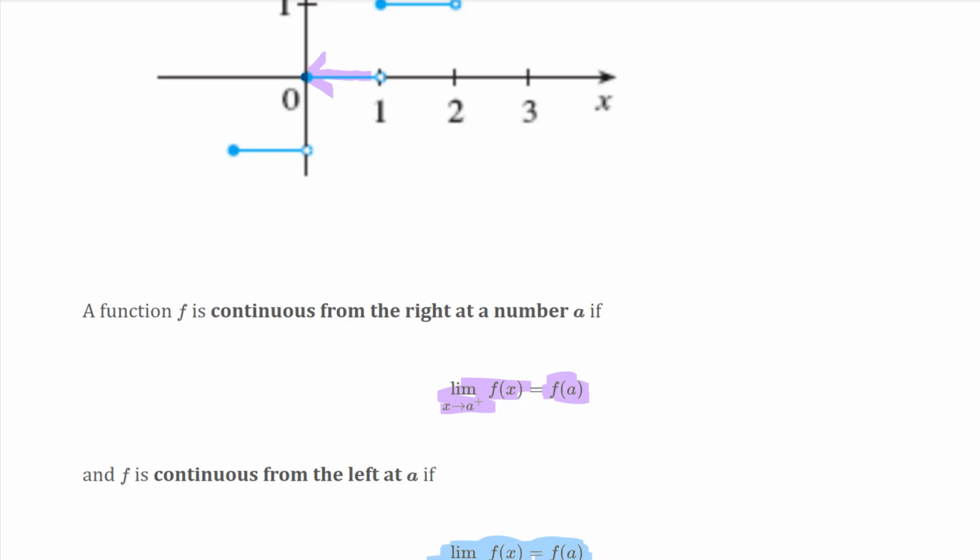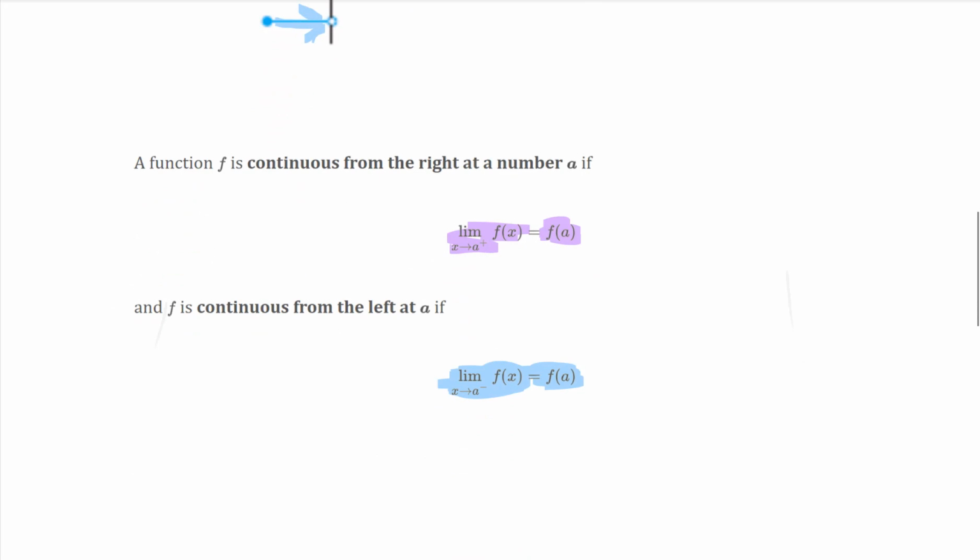But continuous from the left? Oh, heck no. We're pointing at a hole, so we are not continuous from the left at any integer value, but we are continuous from the right at all values. Kind of weird, but there's our step function.